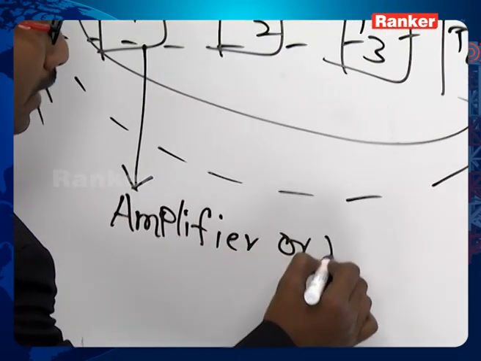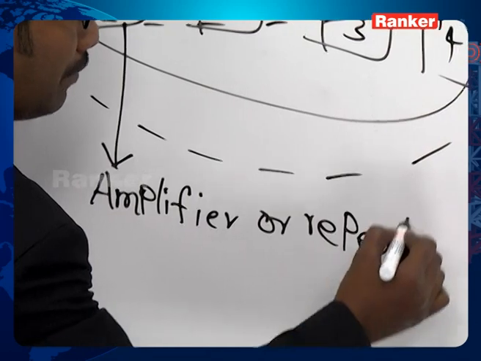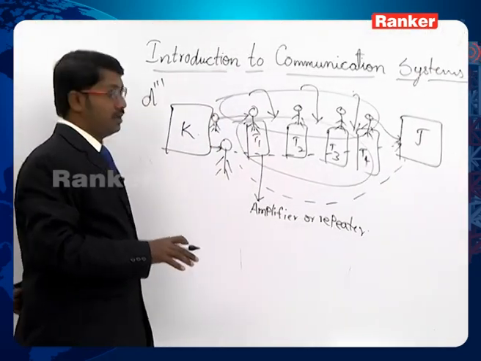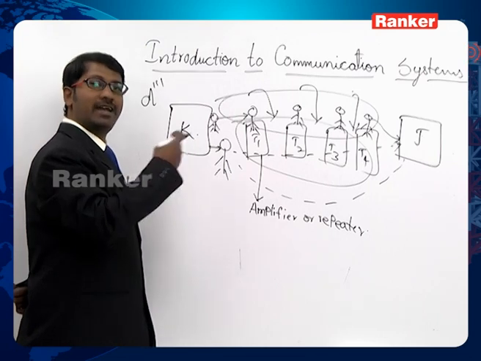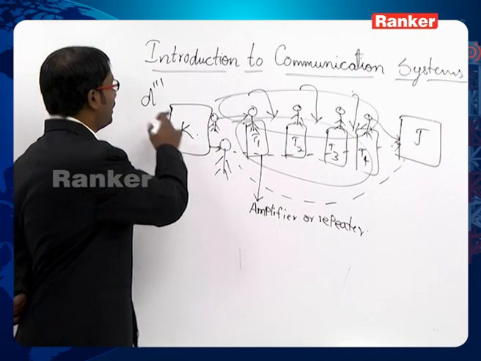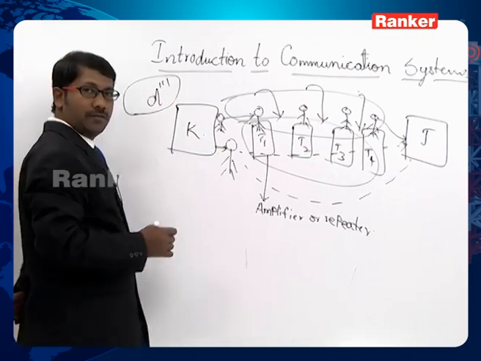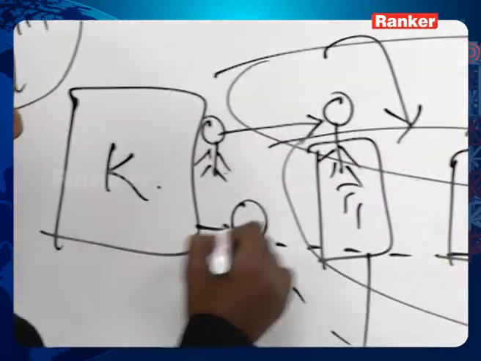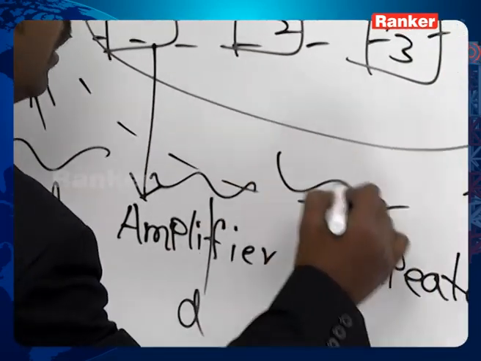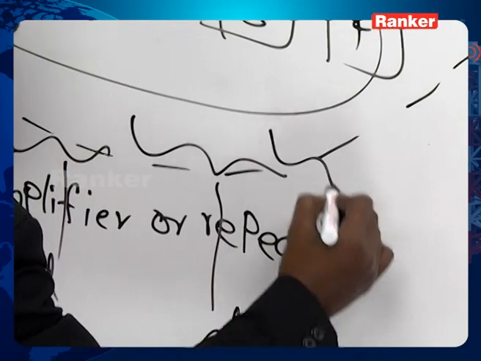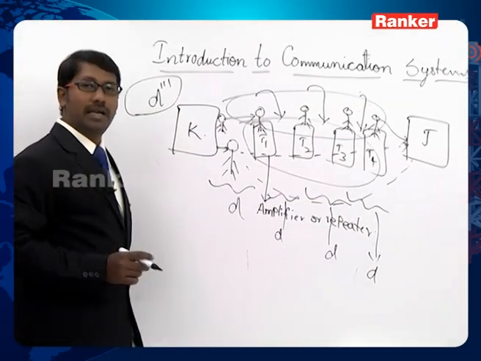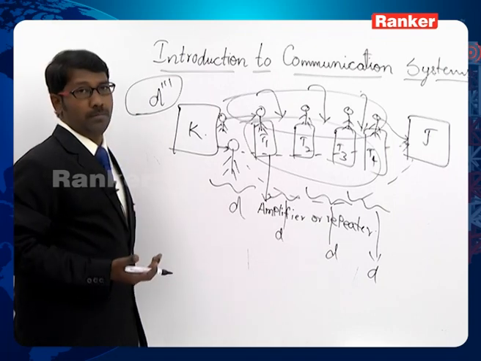What is this repeater or amplifier doing here? Your repeater or amplifier is trying to regenerate the signal after every short interval, breaking up this entire distance d triple dash into small distances of d each. So here the reliability of the signal is more, but similarly the chances of getting attenuated are also more.